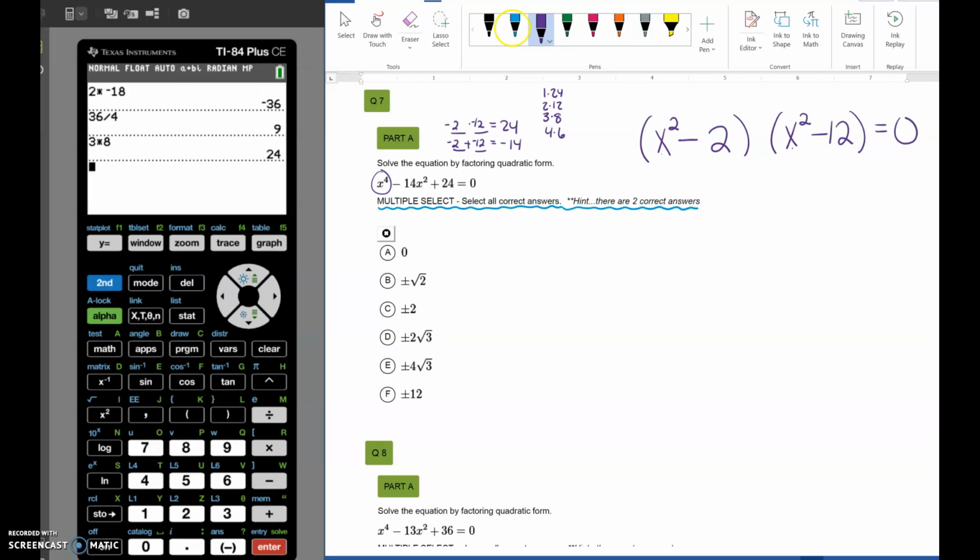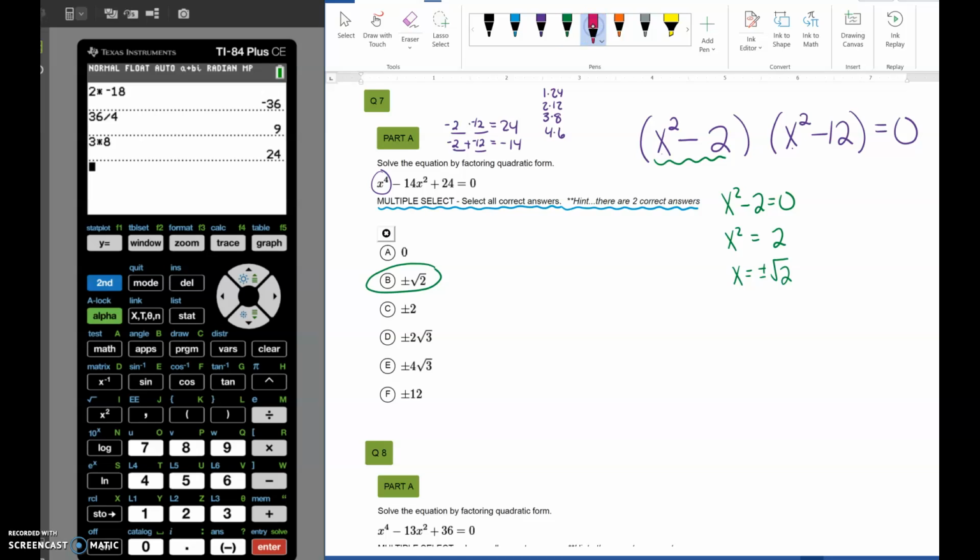To finish solving this, to solve the left one, we would do x squared minus 2 equals 0. Add 2 to both sides. X equals plus or minus the square root of 2. So plus or minus the square root of 2 is one of our answers.